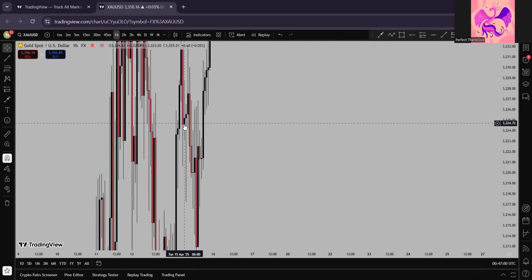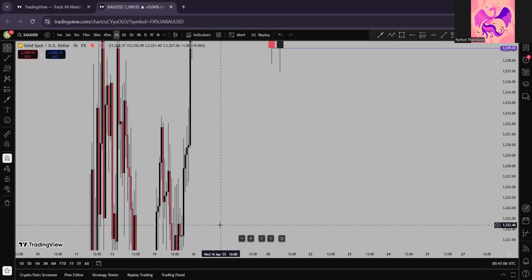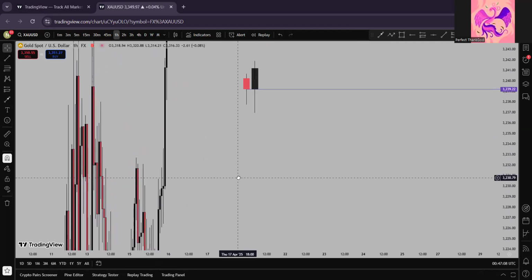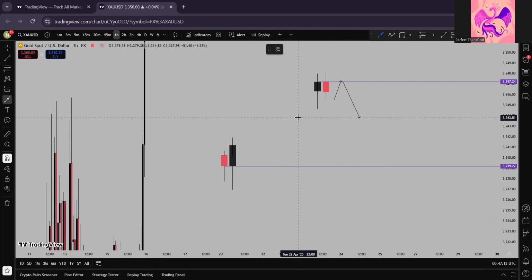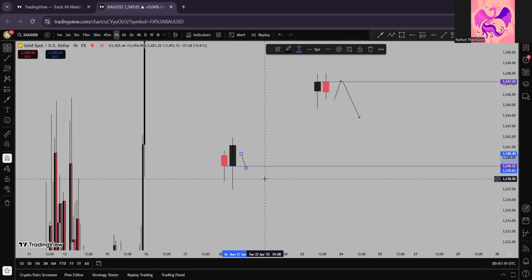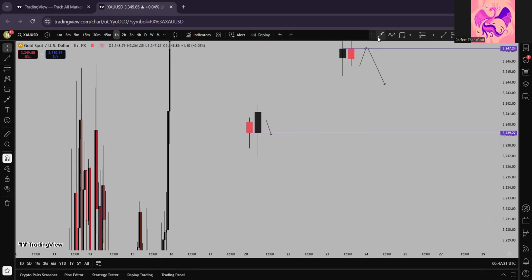Buyers step in from the support. On the support side, see the same thing. Part of the setup is for price to come back, hold there, and go back up. Precision.